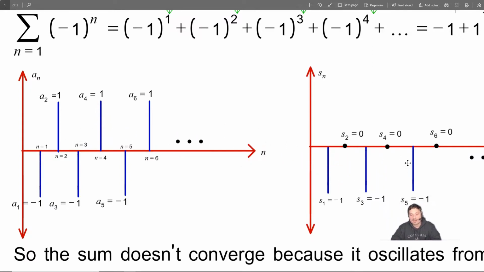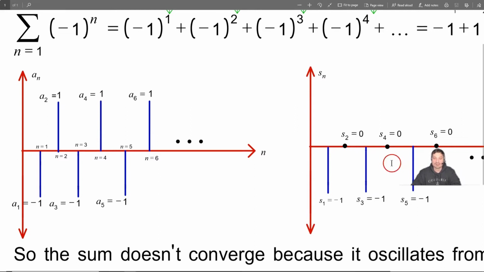S sub 5, the first 5 terms, is negative 1. S sub 6, the first 6 terms, is 0: you have 3 below, that's negative 3, 3 above, that's positive 3, and negative 3 plus 3 is 0. So the sum of the first 6 terms is 0.